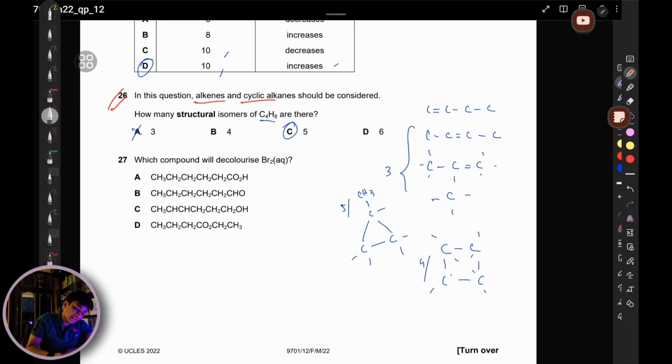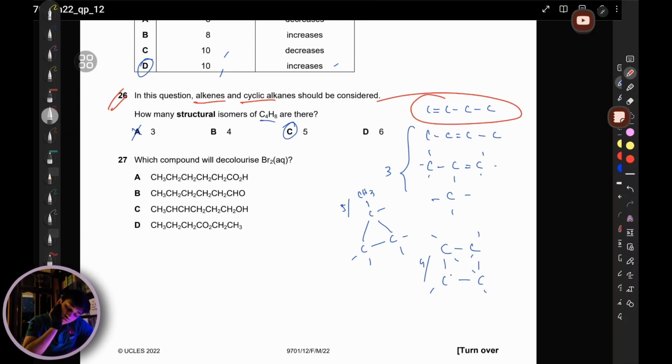So these are all alkenes, and C4H8 can only be alkenes or cyclic alkanes, because in case of alkanes, it should have been C4H10. So you should start off with the molecules which are not branched. You can start off with the cyclic ones as well, your choice. But I'm going to start off with the ones which are not branched, right?